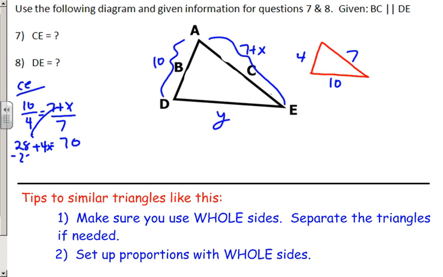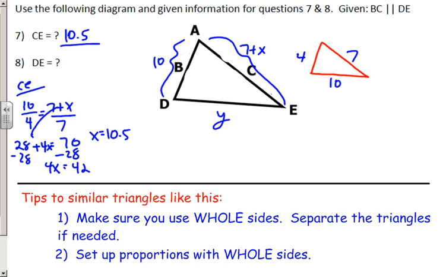Subtract 28 from both sides. 4X equals 70 minus 28, so I don't make a dumb mistake, it's 42. And X is going to be 42 divided by 4, or 10.5. So CE has got to be 10.5.